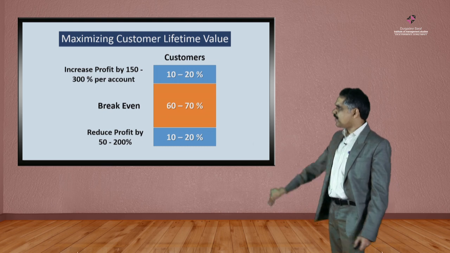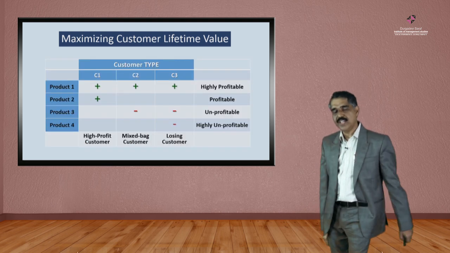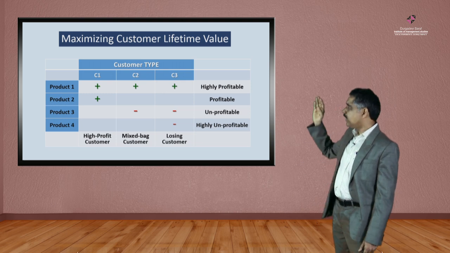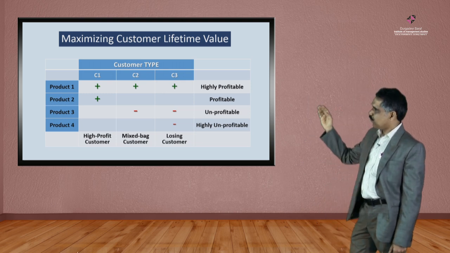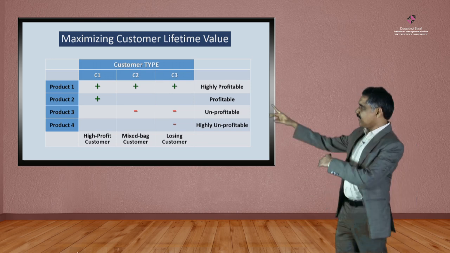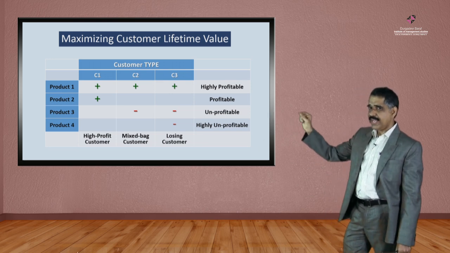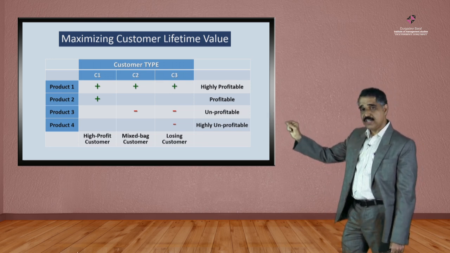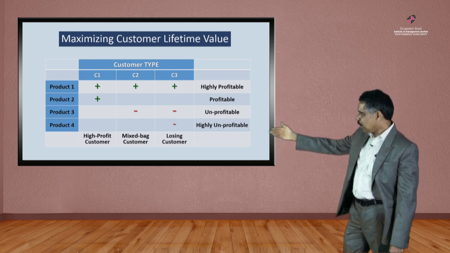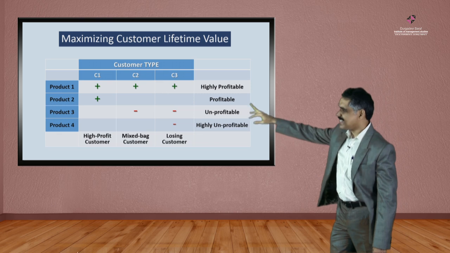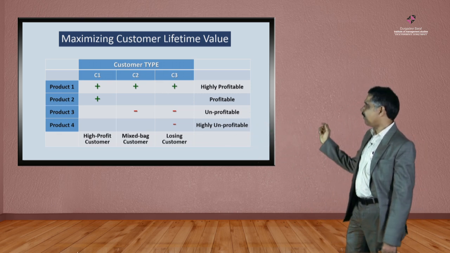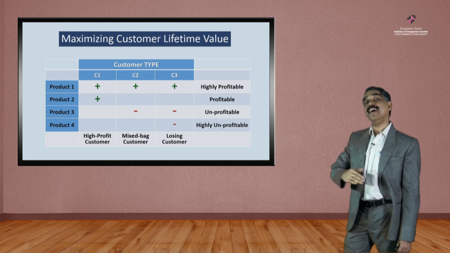Now let me elaborate a little bit on this. Now see, look at here, you have 4 different products, product 1, 2, 3 and 4. Now see the other side, you have highly profitable customer, mixed bag customer and losing customer, and look at the other side, highly profitable, profitable, unprofitable and highly unprofitable.